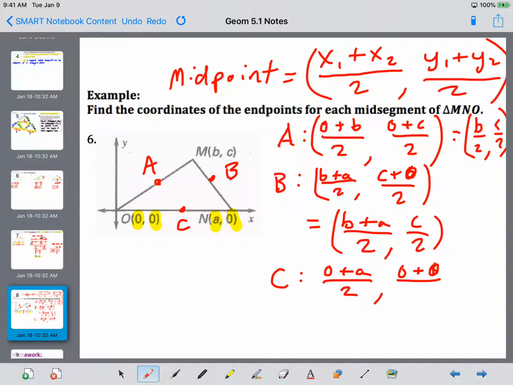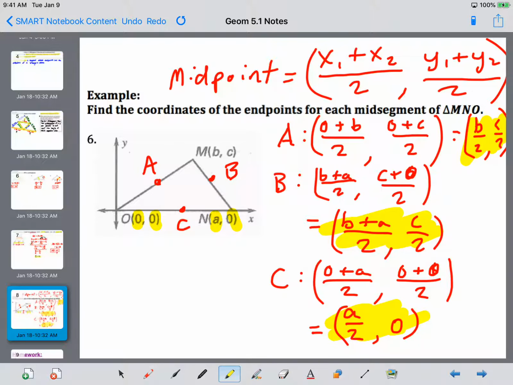Those are zeros again. And divide by 2. And then we can simplify that. So 0 plus A is just A divided by 2. 0 plus 0 is 0. And if you divide 0 by 2, you still have 0. All right, so these would be the coordinates. This is the coordinate of A. This is the coordinate of B. And this is the coordinate of C.